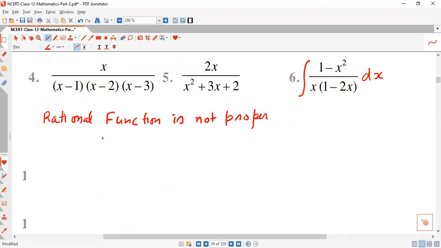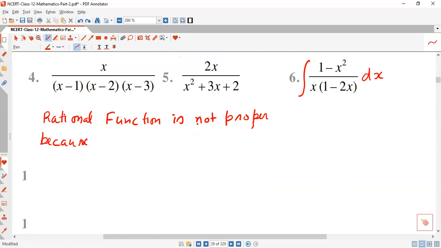Because the order of the numerator, or you can say degree, better you use the word degree. The degree of the numerator is equal to the degree of the denominator.